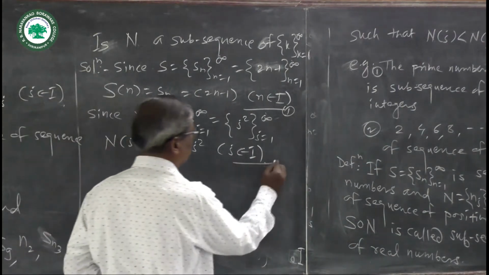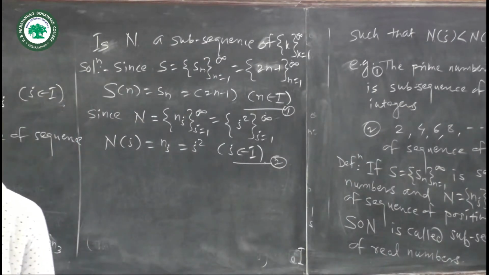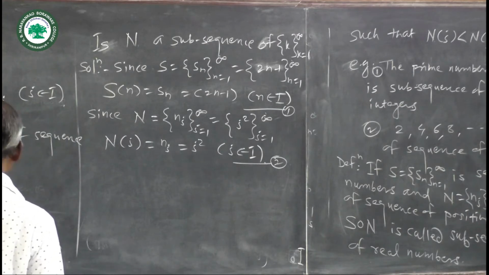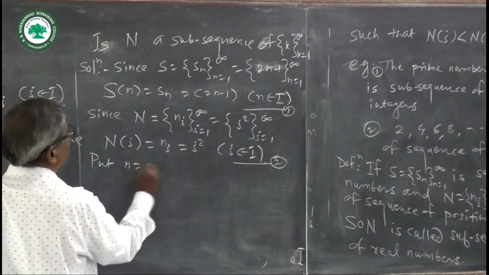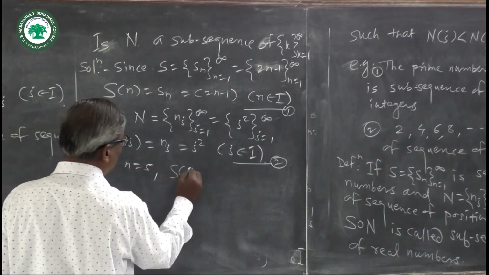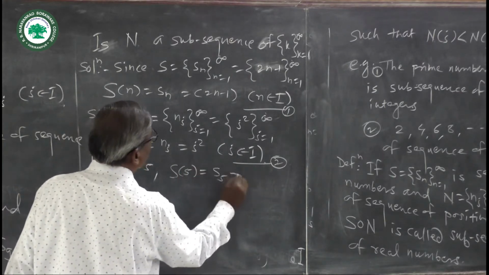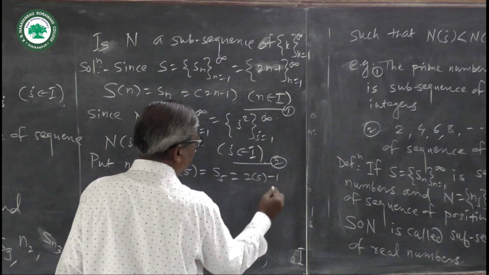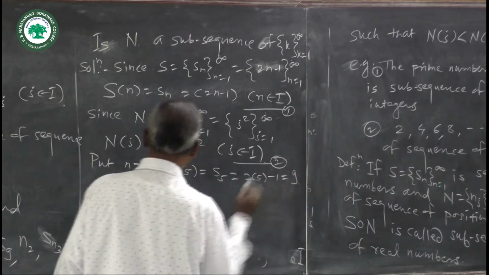This is step 2. Now we calculate S suffix n, that is S5. Put n is equal to 5. S operates on 5, capital S operates on 5 is equal to small s suffix 5 is equal to 2 into 5 minus 1, 10 minus 1 is equal to 9.